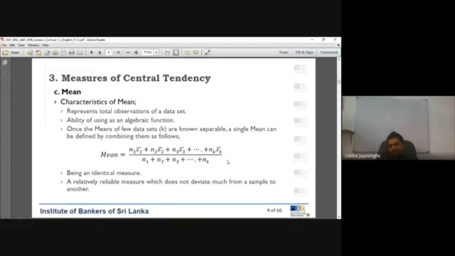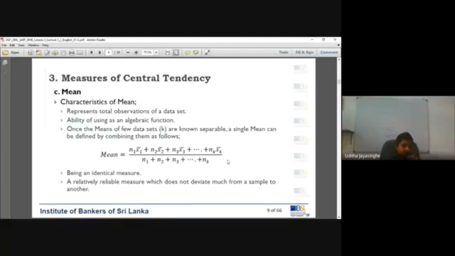But what do you mean by the second point? Can't we take mode or median as an algebraic function? We can, but that doesn't give you a meaningful equation in algebraic form. Can we plot an x value for y equals mx plus c, and for that smaller x, what if we put mode? It will not give you a representative, or rather it will give you one particular value which will be extremely biased towards the mode or the median that we calculated for the data set.